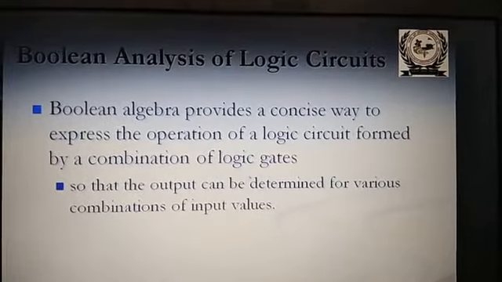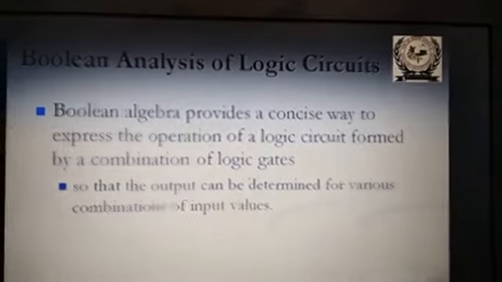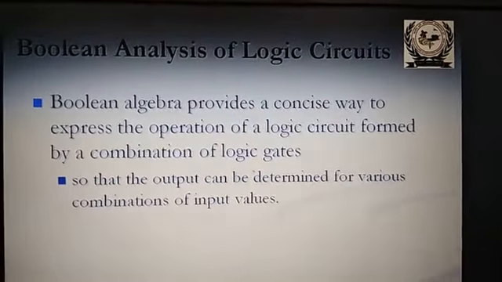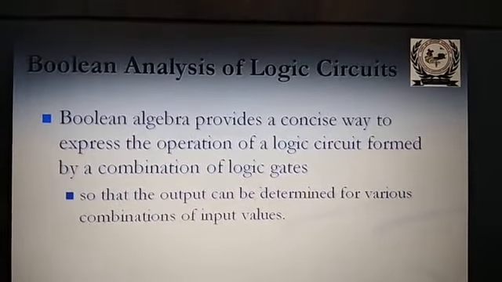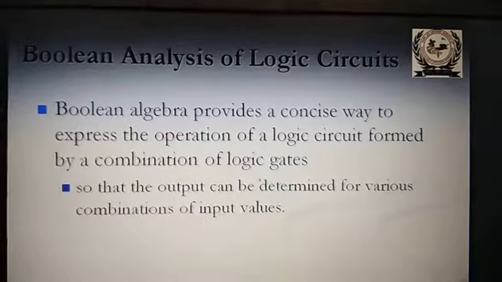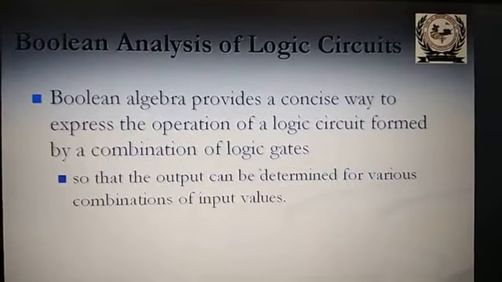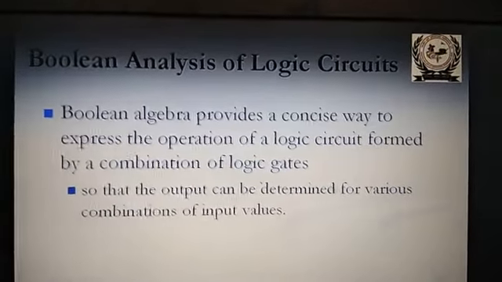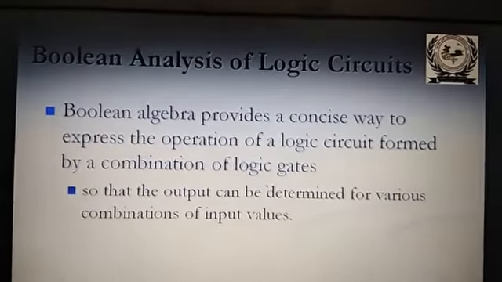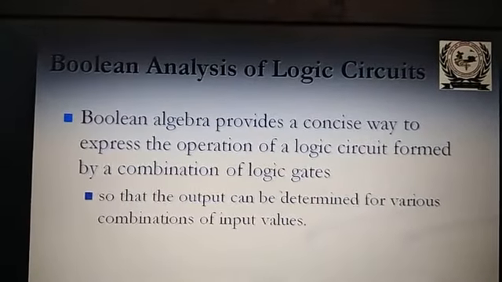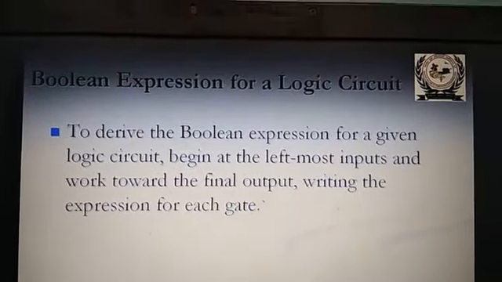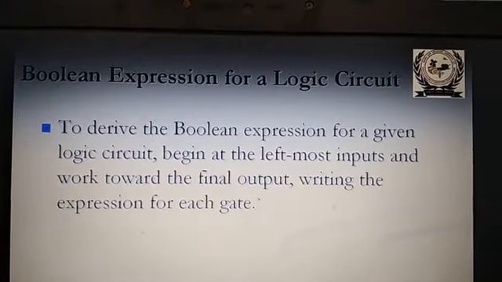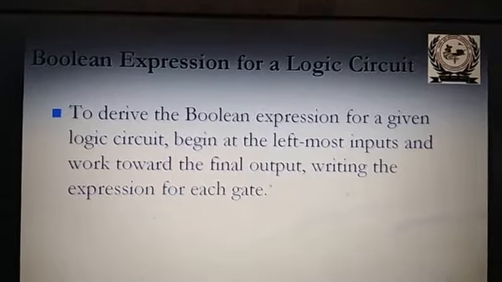So Boolean algebra provides a concise way to express the operation of the logic circuit formed by a combination of logic gates, so that the output can be determined for various combinations of input values. Boolean expression for a logic circuit.